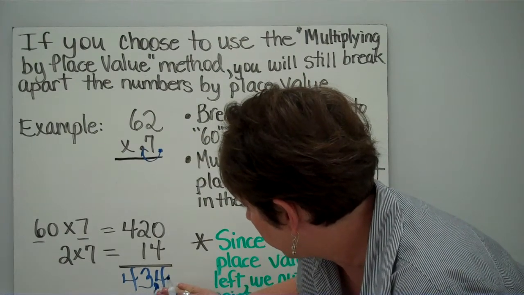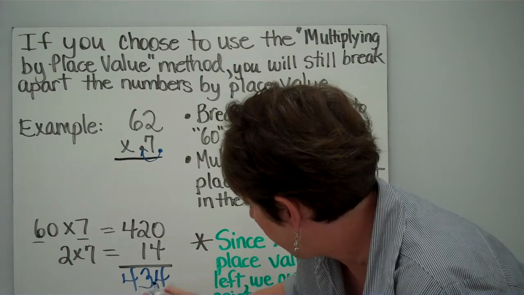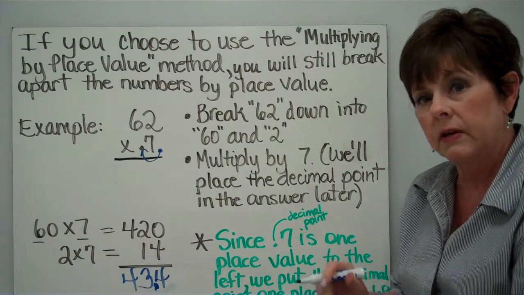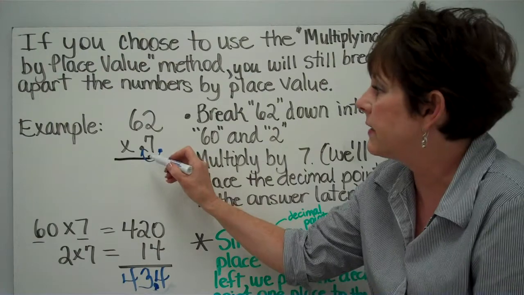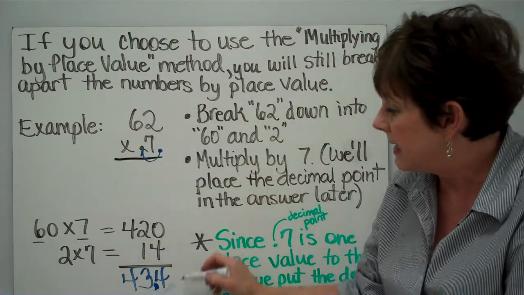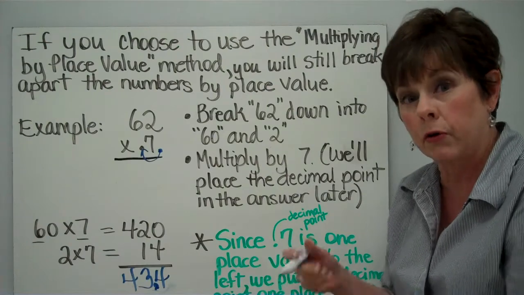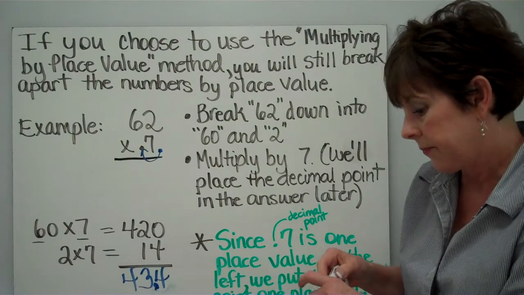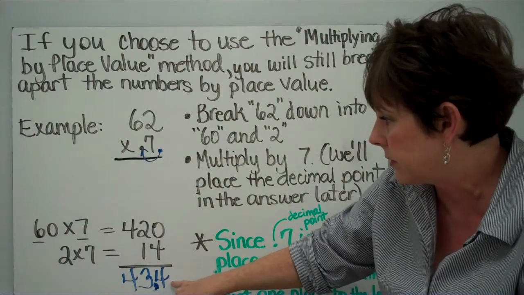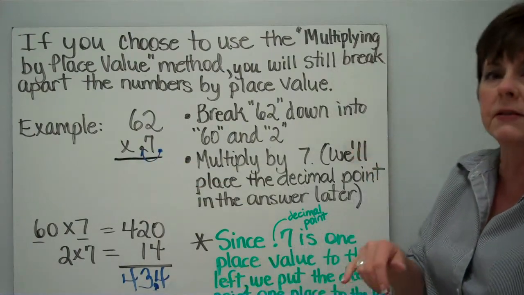And our answer would not be 434, but 43 and 4/10. So however many place values your decimal point has been moved over to the left is how many you'll go in your answer or your product, okay? And you'll notice that it's one place value over here, so here we put it over one place value.